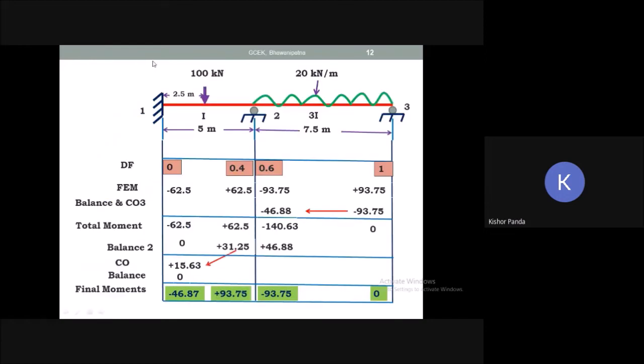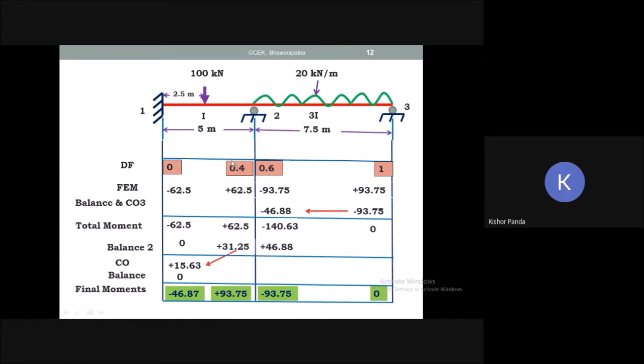Then you have to go for the balancing and the carryover of the moments. First draw the two-span continuous beam. Then draw a vertical line just below each support. Then first write the distribution factors.